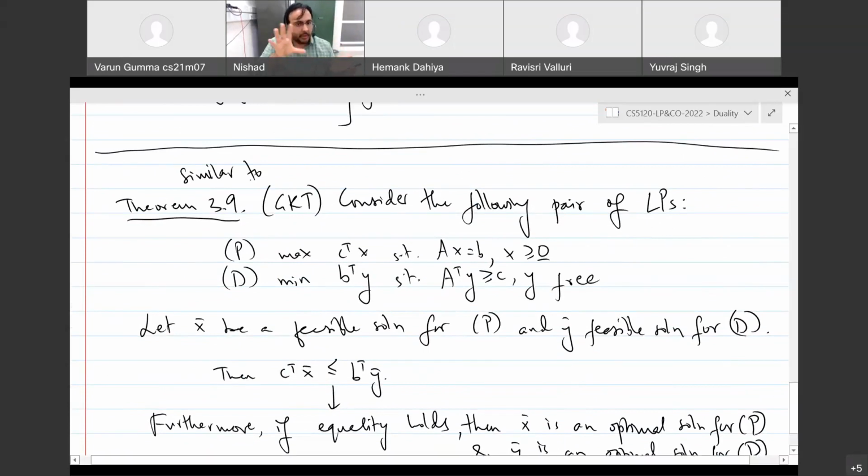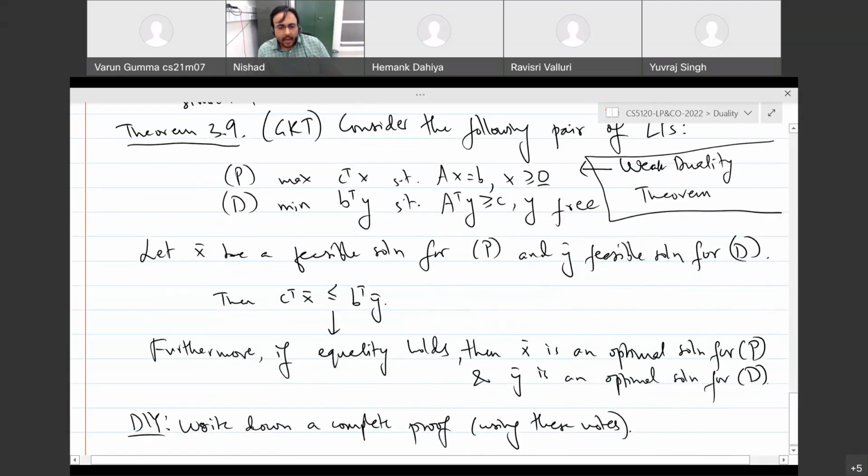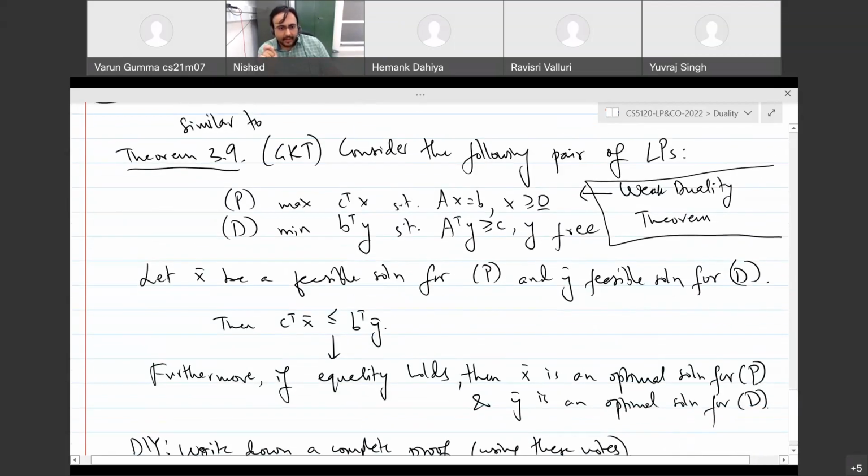And according to that, you will write down the dual linear program, right? Why is it called weak duality theorem? You see, we are not saying that there will always be a feasible solution x bar and a feasible solution y bar for which equality will hold.